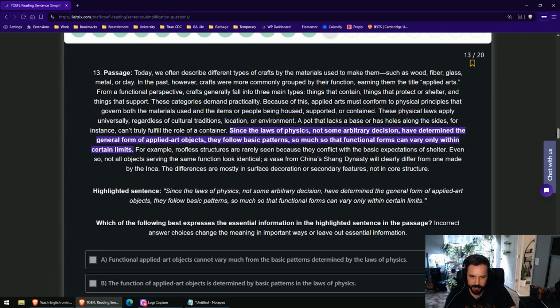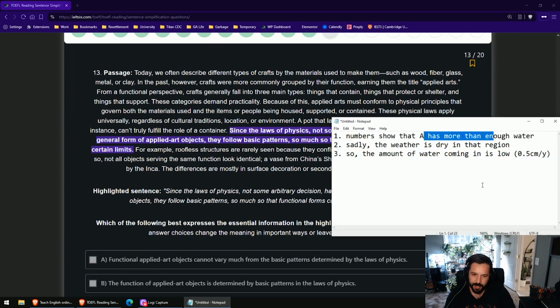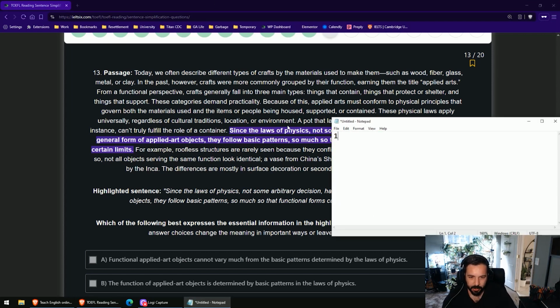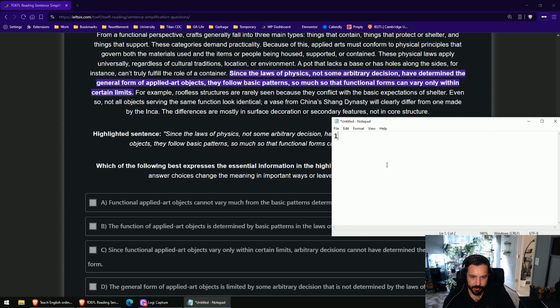Since the laws of physics, not some arbitrary decision, have determined the general form of applied art objects, they follow basic patterns, so much so that functional forms can vary only within certain limits. Ooh, this is similar to the architecture one. I actually used ChatGPT to generate this one.